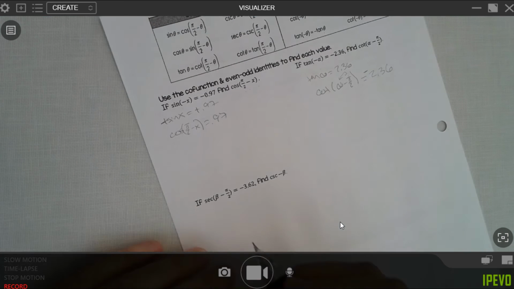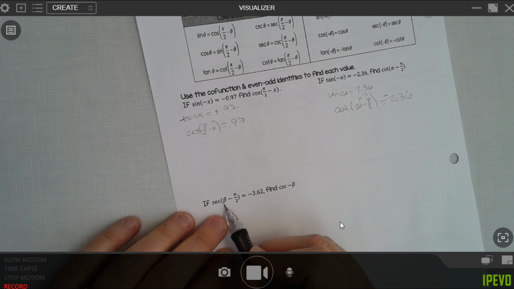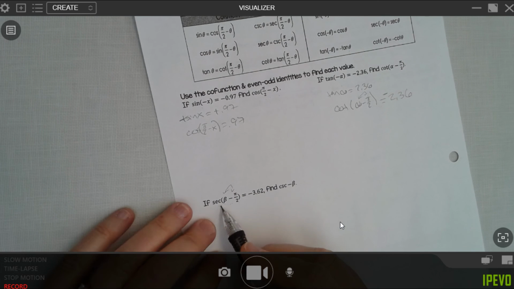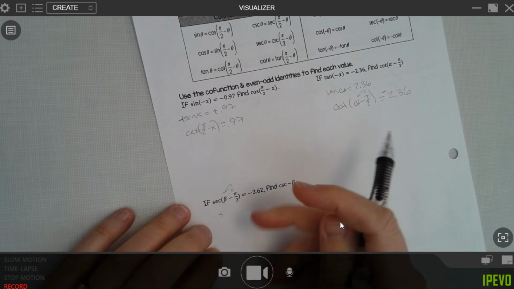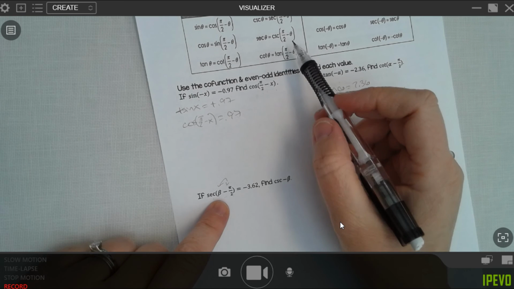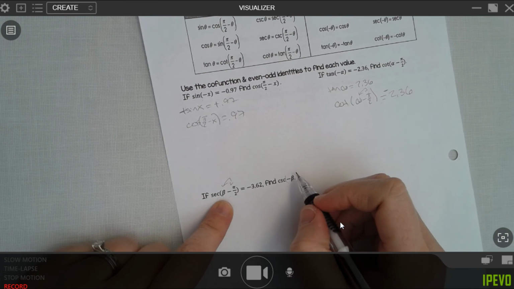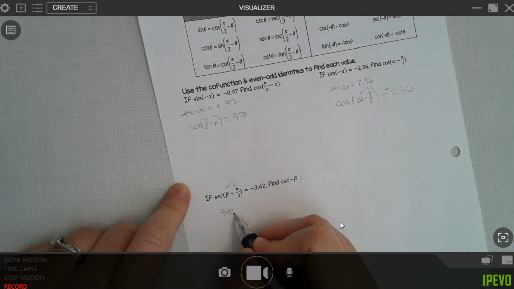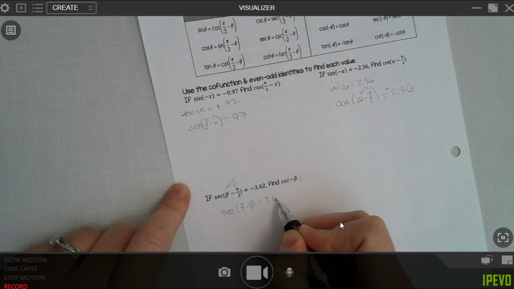All right, so now if this is secant of beta minus pi over 2, so you see how that switched again? So then that would mean that it would be the negative of it here. So then we would say that it just says negative secant beta. So first thing I'm going to do is I'm going to say secant of pi over 2 minus beta is going to equal the positive value of that.